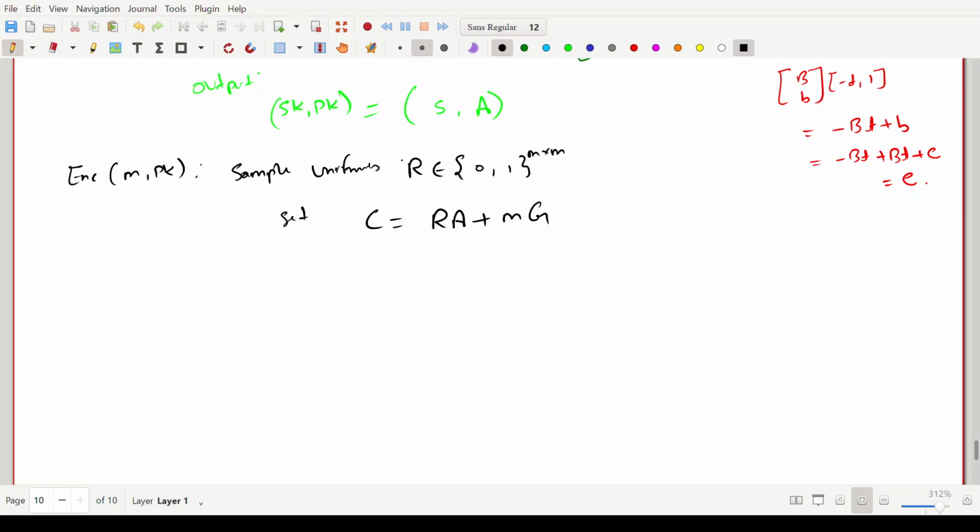Output your C. What I am doing is sampling an R, multiplying with my public key A, and adding M times the gadget matrix, which is public. G is also publicly available.